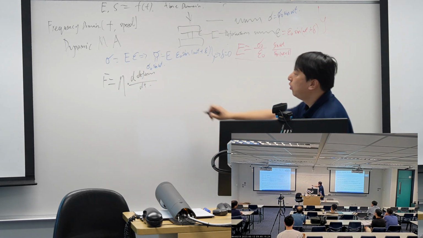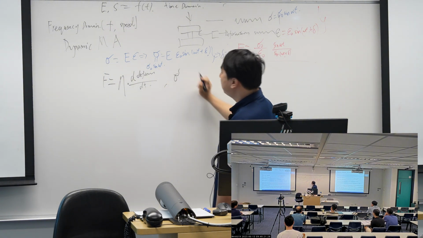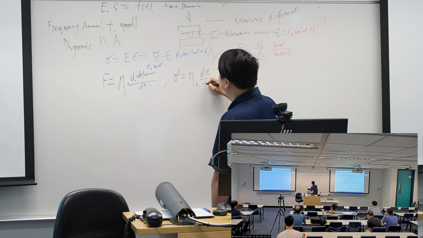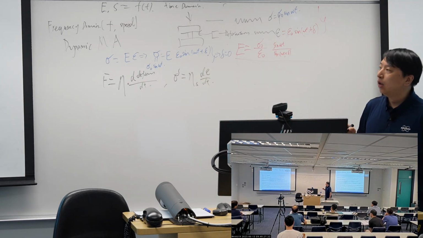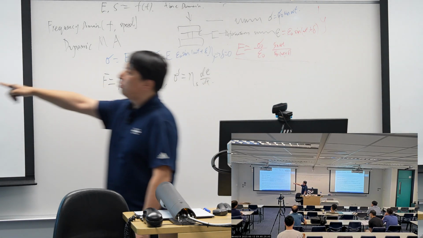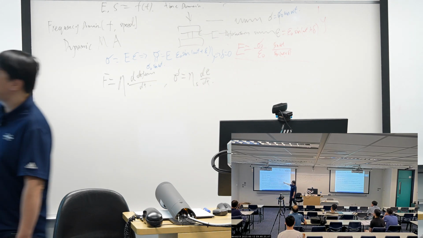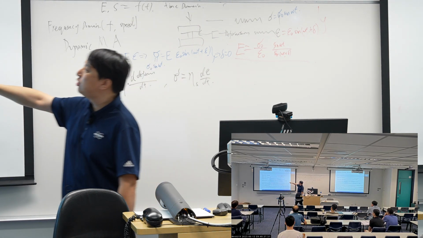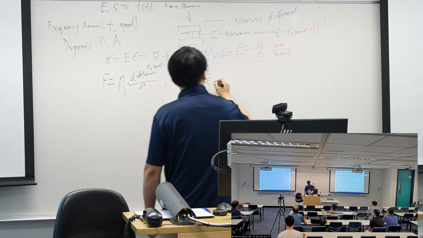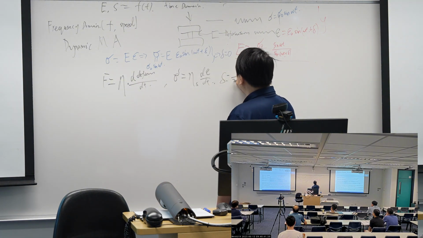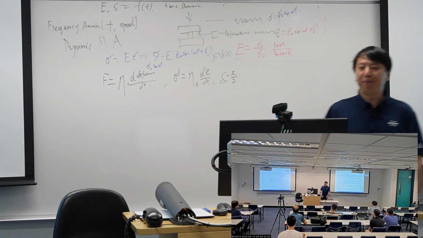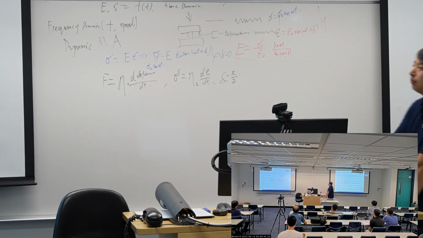So in our case, we write down sigma equals eta times d epsilon over dt. For this one, we need to take a derivative of epsilon, so the sine should be changed to the cosine. And as such, we know the delta is half pi, or 90 degrees.